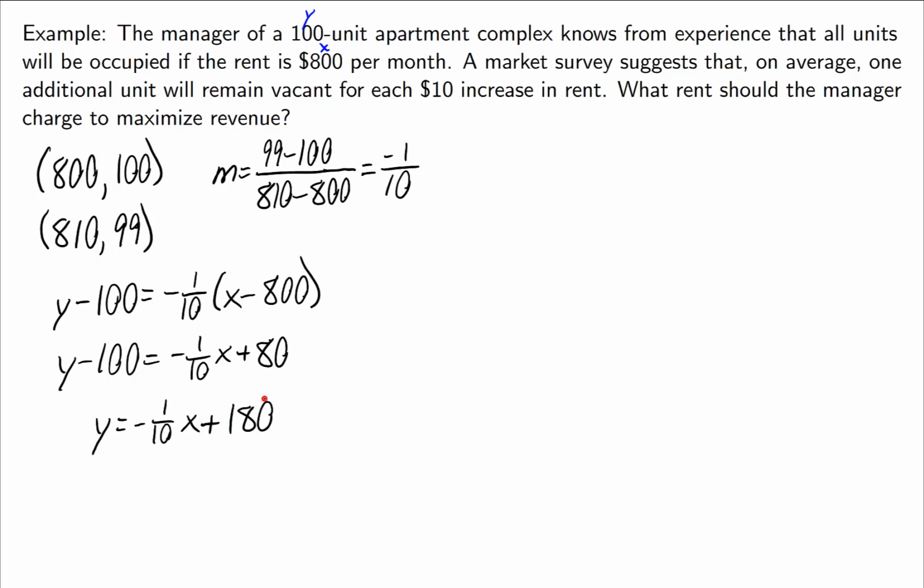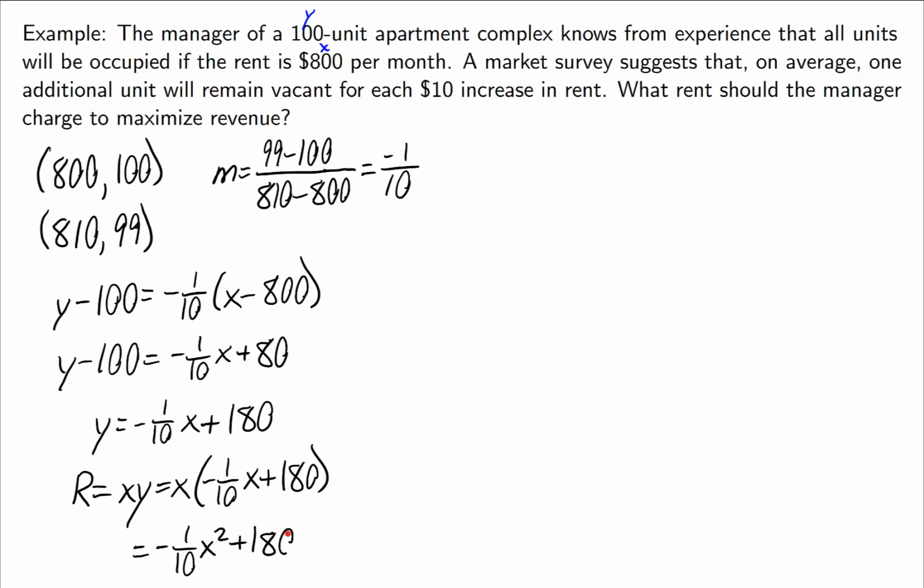That's the demand equation. And just like the last two examples, we're going to say R is equal to xy and plug in our y. y is -1/10 x + 180. Multiply that out to get -1/10 x² + 180x. That's our revenue function. Now let's take the derivative and set it equal to 0.